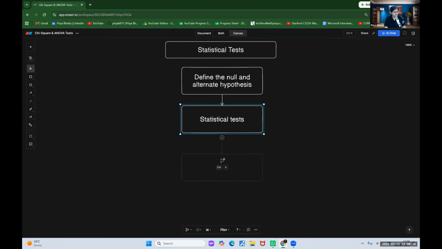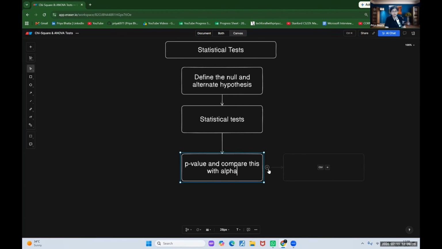Once I apply these statistical tests, what's the next step? Obviously, we will get some measure value from this, and then from the degree of freedom and this evaluated value, we will measure the p value and compare it with alpha, the value of alpha, right?